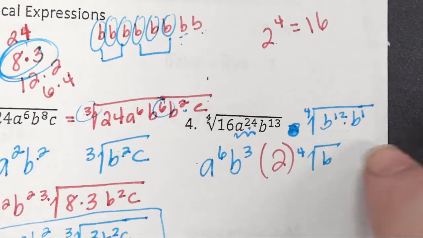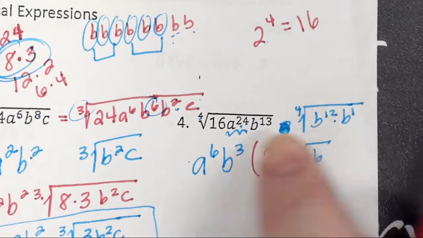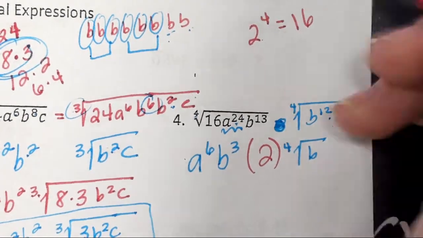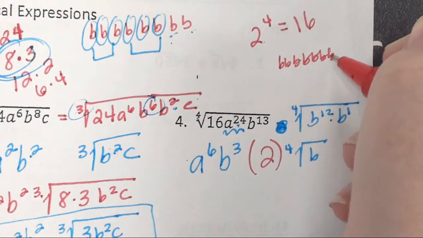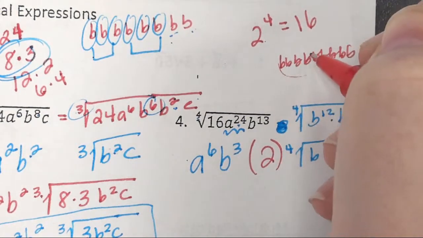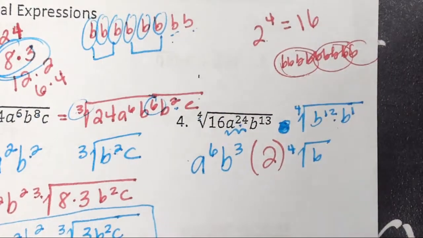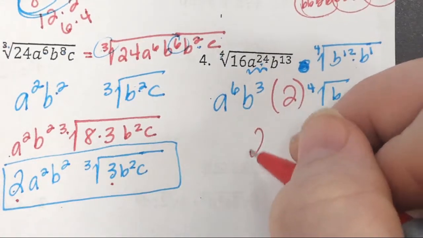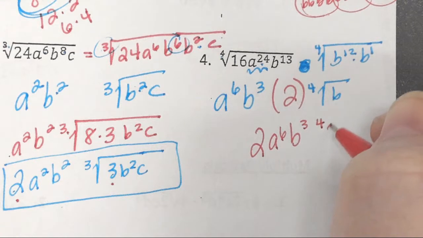But again, if you don't understand how Arturo and I are going from 13 to think through 12, because 12 is divisible by 4, and you want to list them all out, it's annoying to list out 13 b's, but you can. And then if you do this circle technique, you'll figure out that b to the 3 gets to come out. Okay, so our final answer, if we clean it up, would be 2a to the 6, b to the 3, 4th root of b.